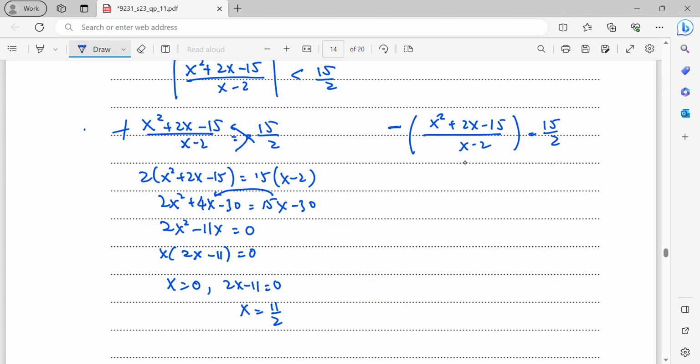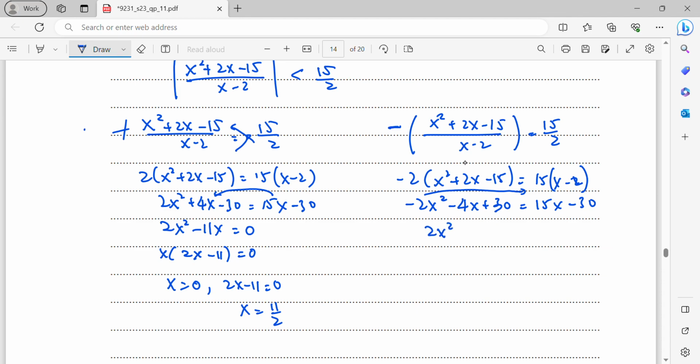Then again, cross multiply. Negative 2 bracket x squared plus 2x minus 15 equals 15 bracket x minus 2. You will get negative 2x squared minus 4x plus 30 equals 15x minus 30. So now I move all the terms to the right side, because I want to get positive x squared, then you will get 2x squared.